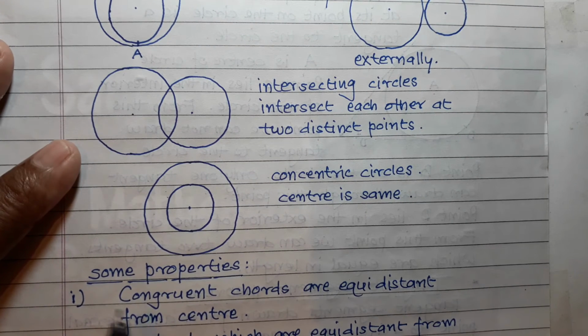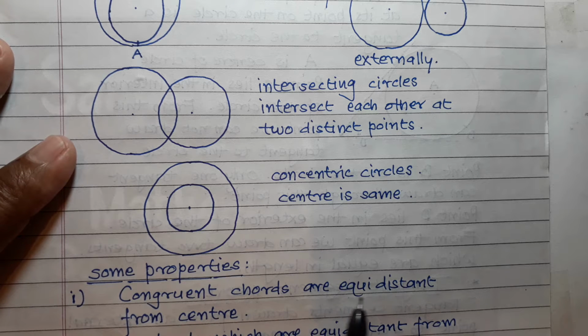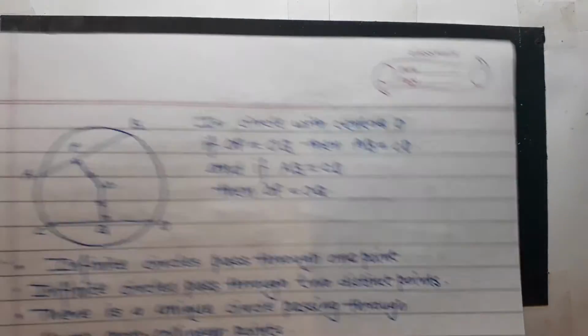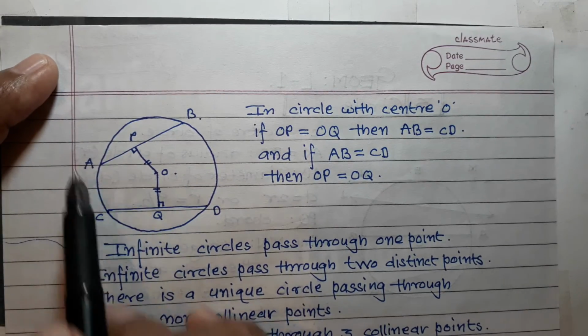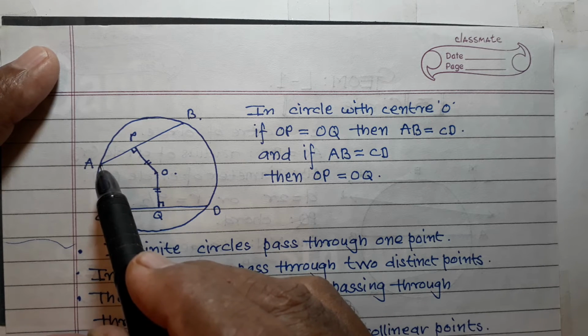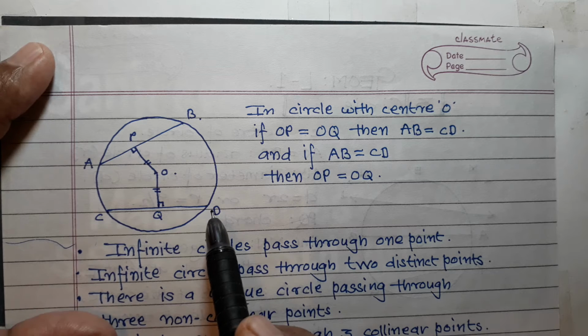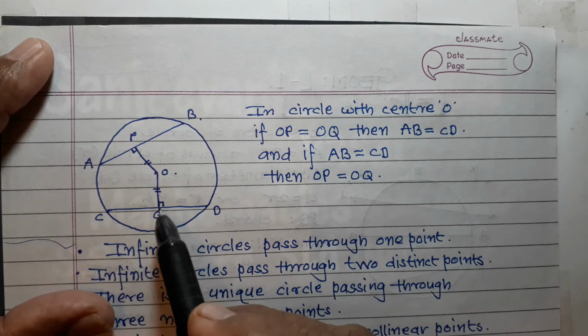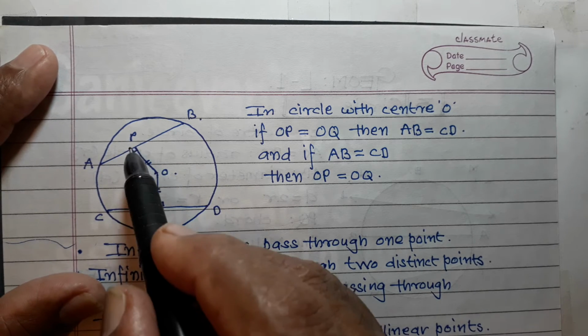Then I will explain some properties. Number 1, congruent chords are equidistant from the center, and the converse, the chords which are equidistant from the center are congruent. Now by means of a figure I will explain. This is a circle with center O, this is a chord AB, and this is a chord CD. The distance from the center is OQ and OP.